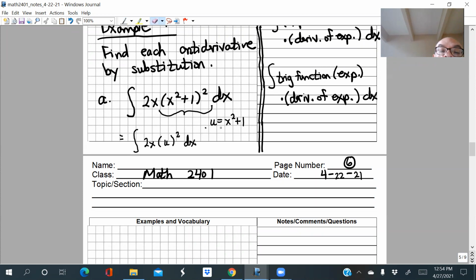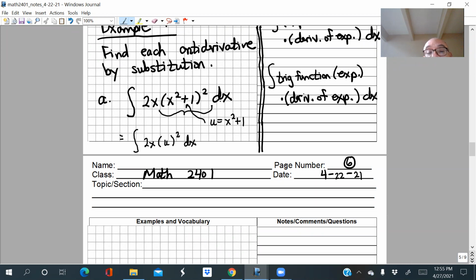It does make the integrand look easier, because instead of x squared plus 1, now I just have a u. But unfortunately, I've mixed up variables in my integrand. Now I have two variables, and that I cannot have.